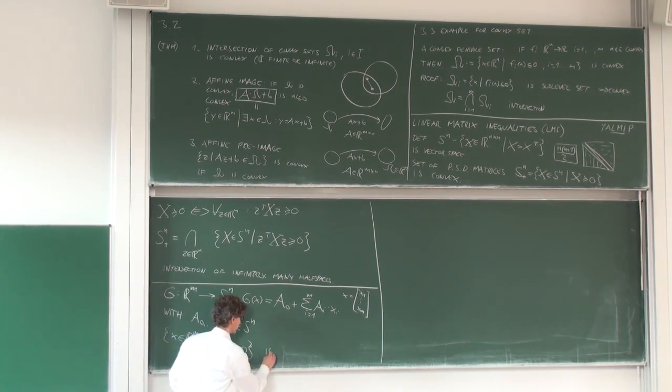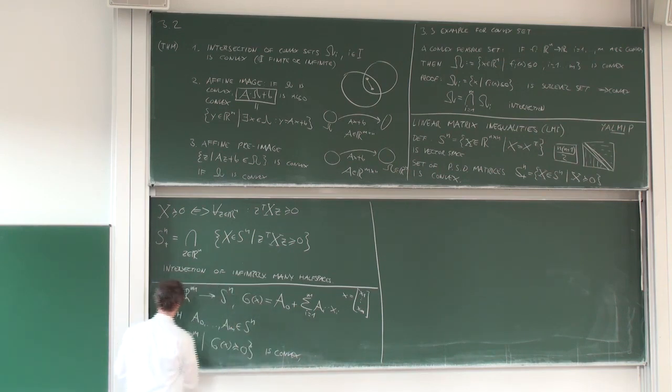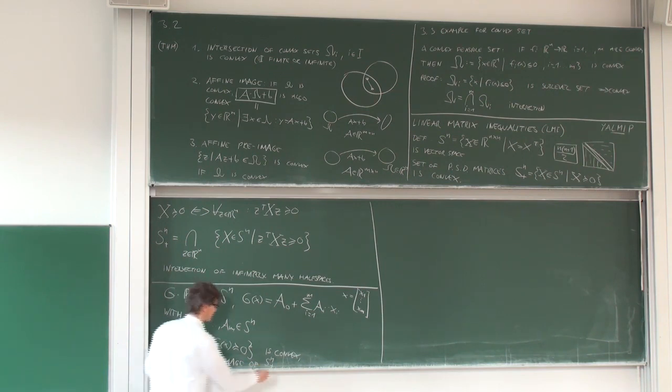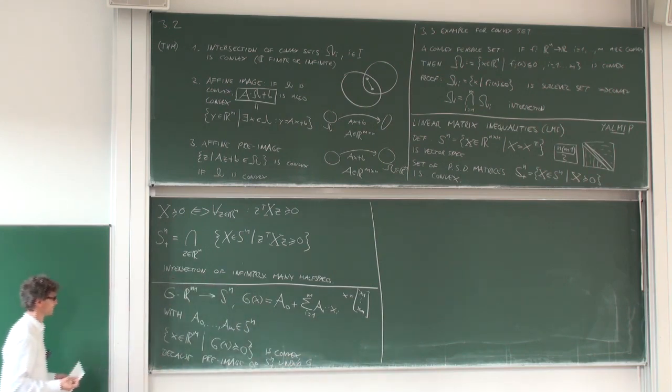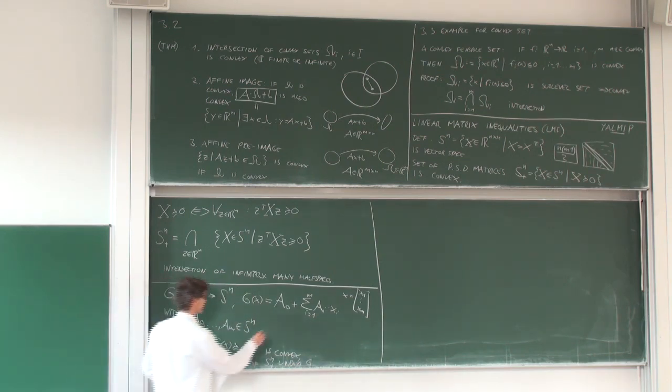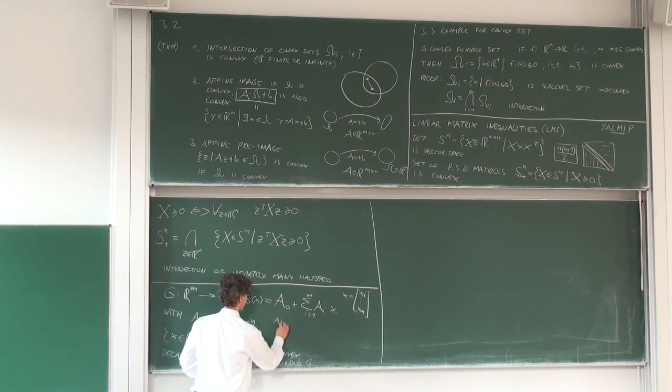This is convex because it is the pre-image of S^n plus under G. And G was affine. So I should maybe say this is an affine map.